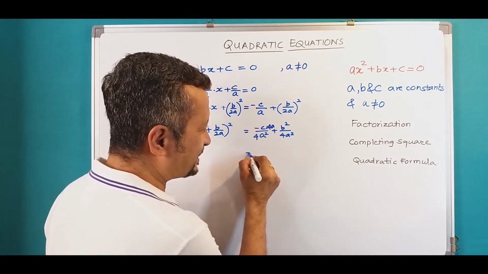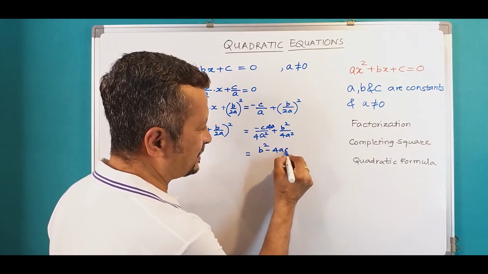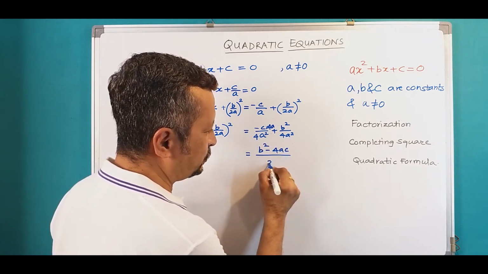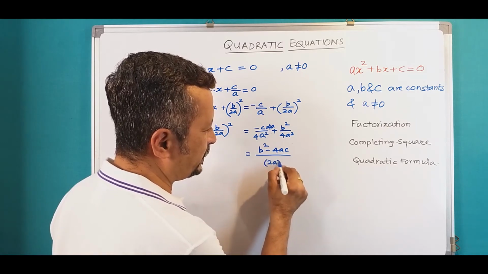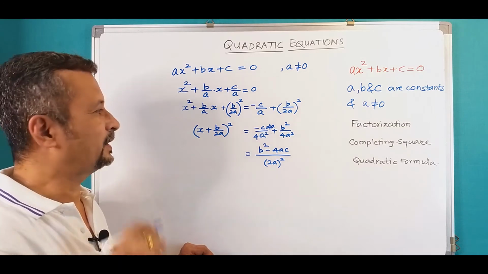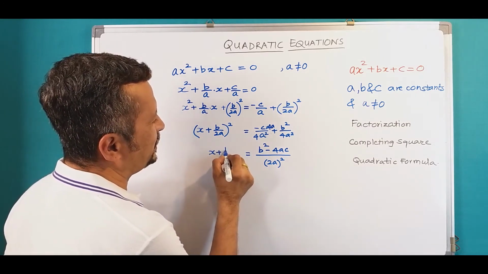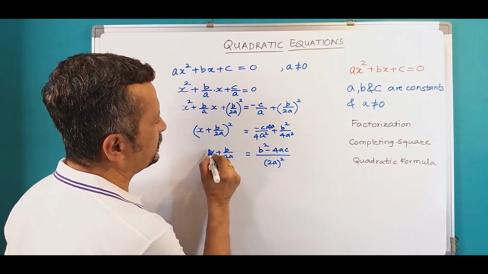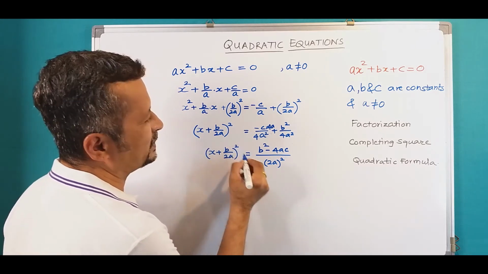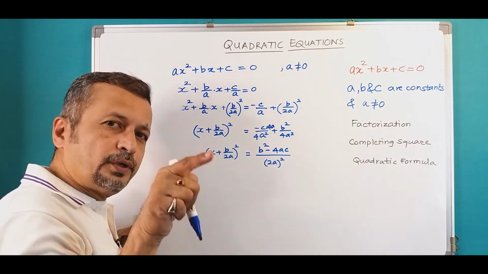So then that makes it b square minus 4ac upon (2a) whole square, isn't it? So this is (x plus b upon 2a) whole square is equal to b square minus 4ac upon (2a) whole square.